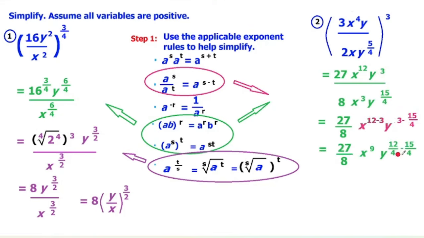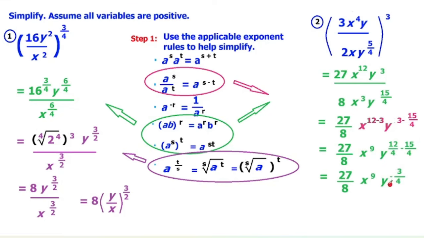So now we can simplify this. 12 minus 3 becomes 9, and then 3 minus 15/4 is the same as 12/4 minus 15/4. So then when we simplify that, this is the expression we have.